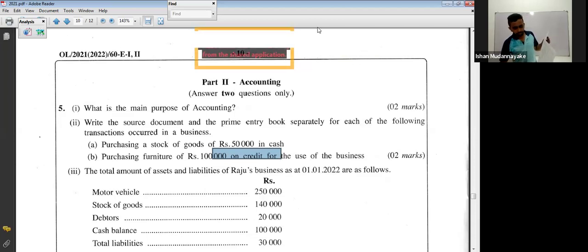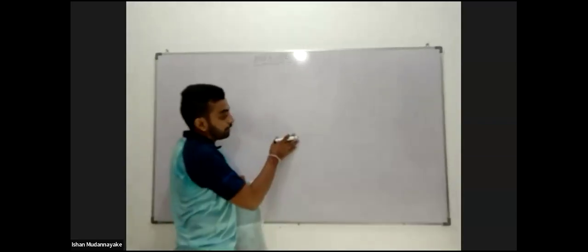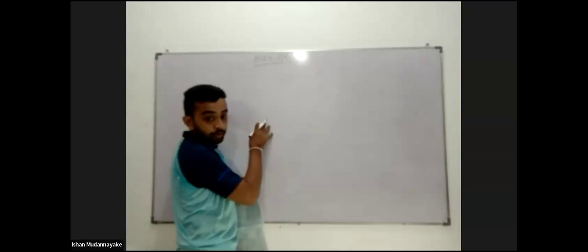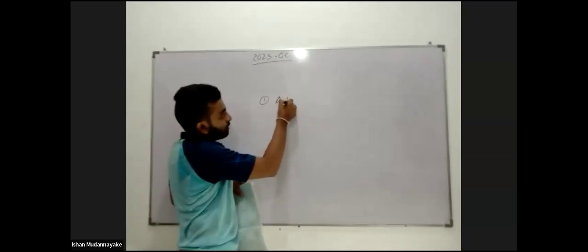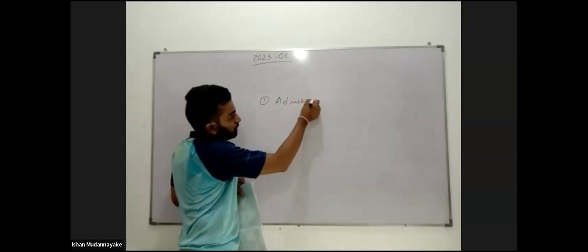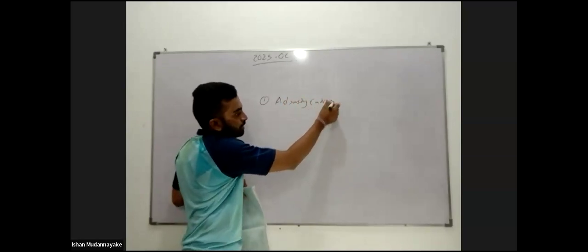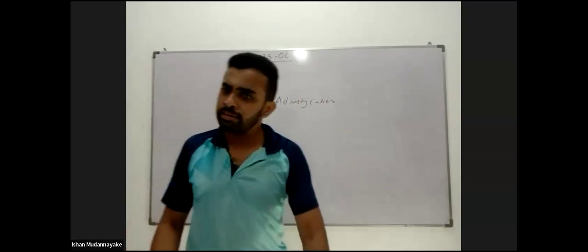Right, students. What are the transactions we record in the general journal? First one, adjusting entries. Now, what are the adjusting entries?